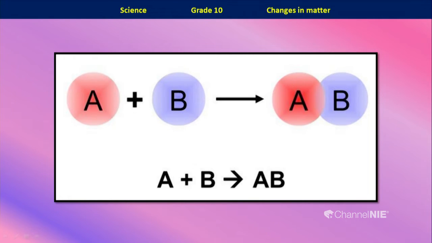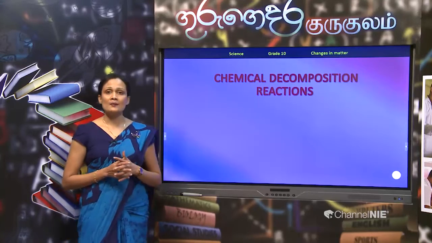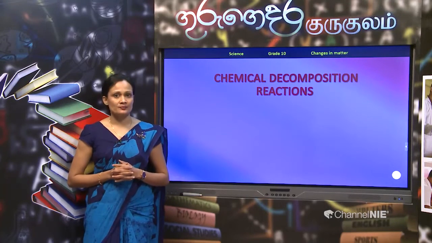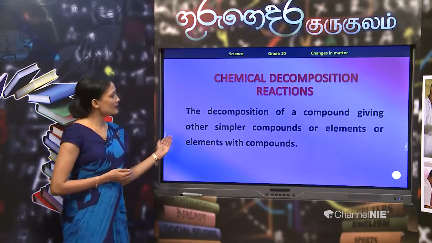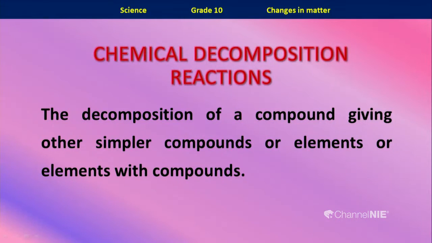Now let's discuss the second type of chemical reactions. Chemical decomposition reactions. Chemical decomposition reaction means the decomposition of a compound giving other simpler compounds or elements. Think about heating potassium permanganate. We use only one reactant, and after reacting that one, a number of products are produced.